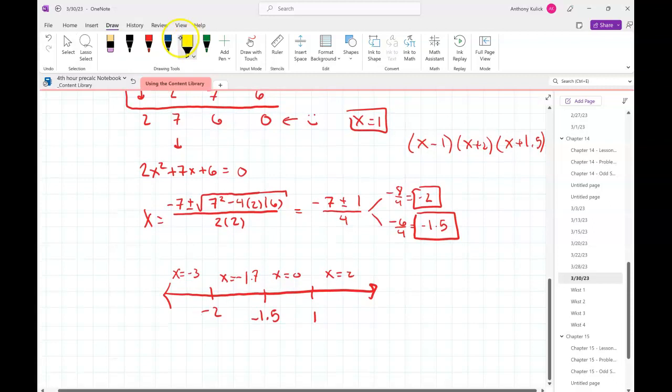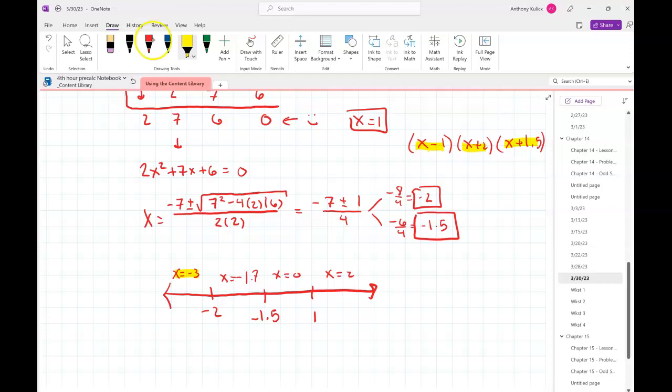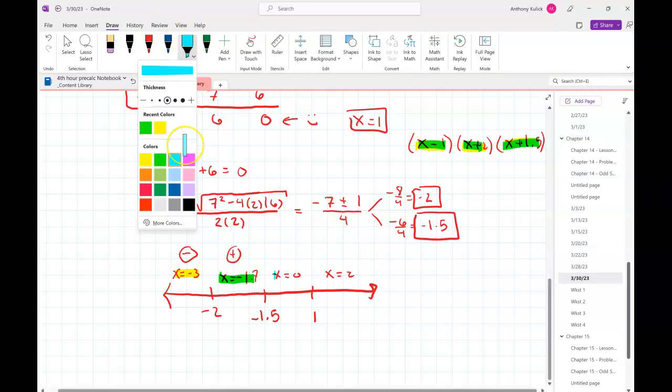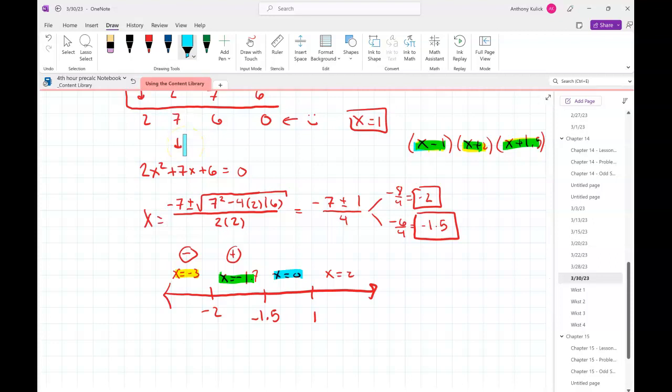So if I plug -3 in, I get negative, negative, and negative. 3 negatives multiplied together gives me a negative. If I plug in -1.7, I have negative, positive, negative. 2 negatives and a positive makes a positive. If I plug 0 in, I have negative, positive, positive. So that's negative. And then if I plug 2 in, I have positive, positive, positive. So that's positive.